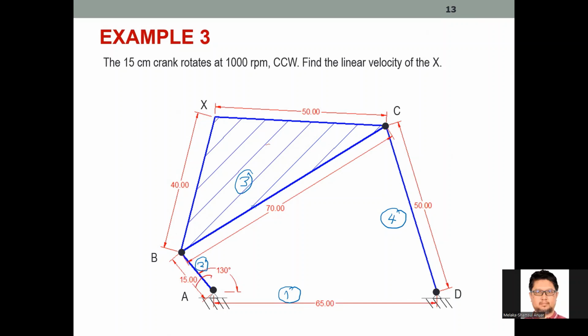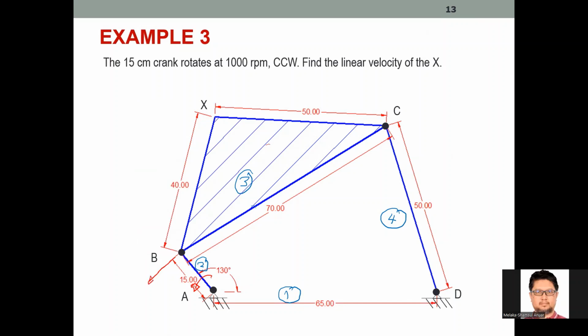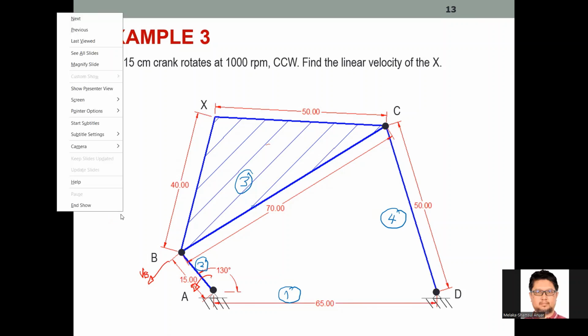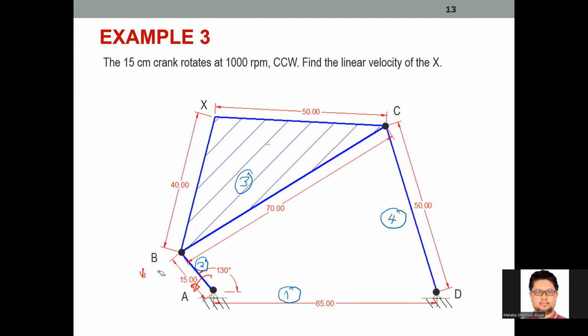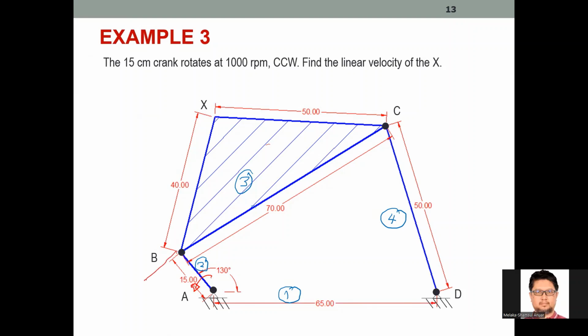So meaning this one is going in that direction, so this velocity over here needs to go in that direction. So this will be your VB. This is VB.